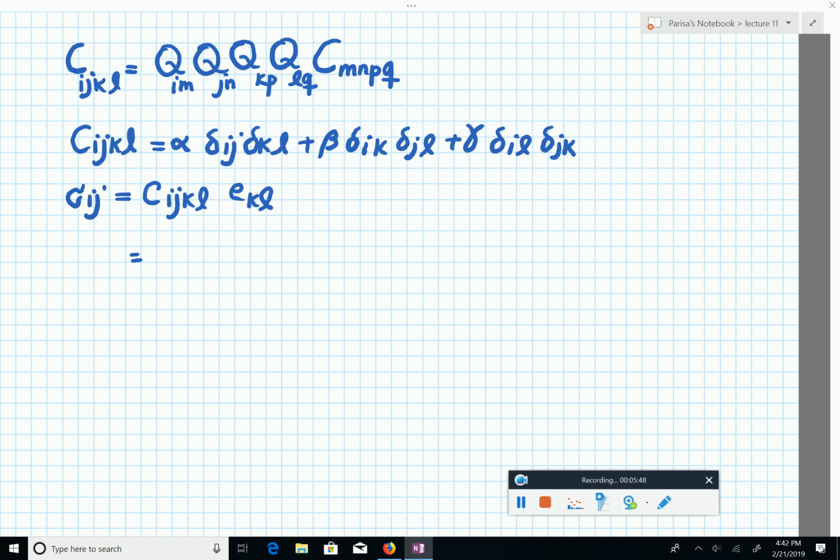Remember that delta, you just use it as a substituting operator. So if we apply the first term, delta ij and delta kl, the delta kl, ekl will be ekk or mm or nn, whatever you want to write. And then delta ij is going to be there.